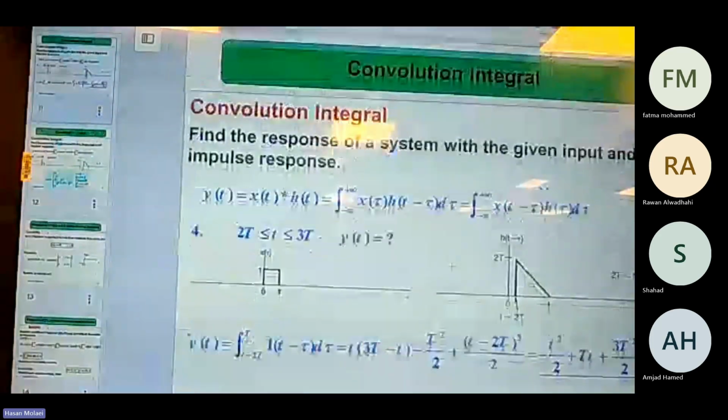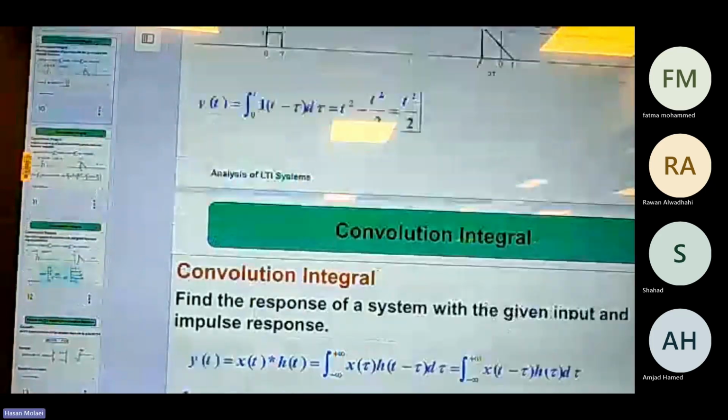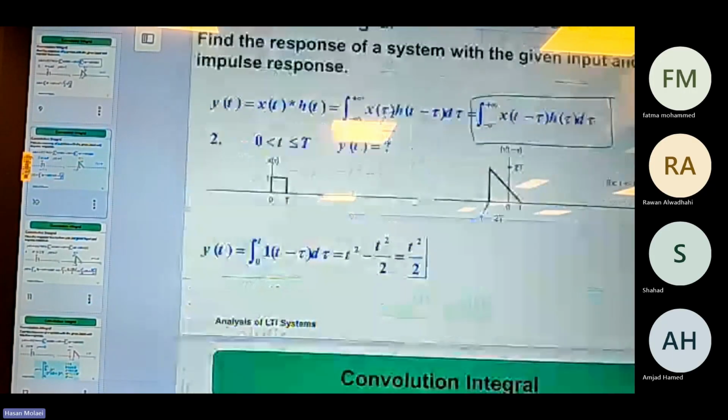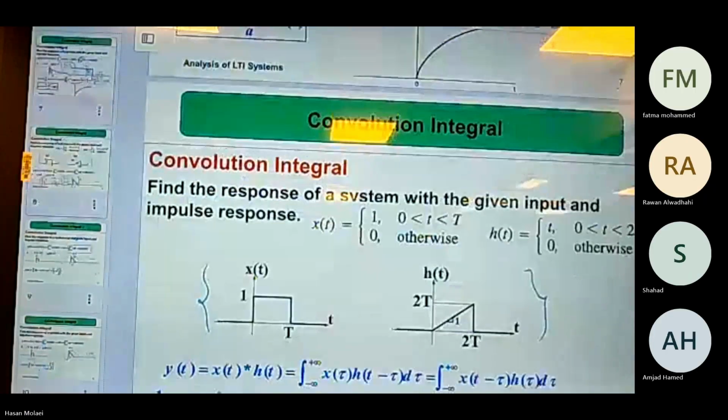What duration of x do we use for this one? This duration for this one. How much is the duration of the response?